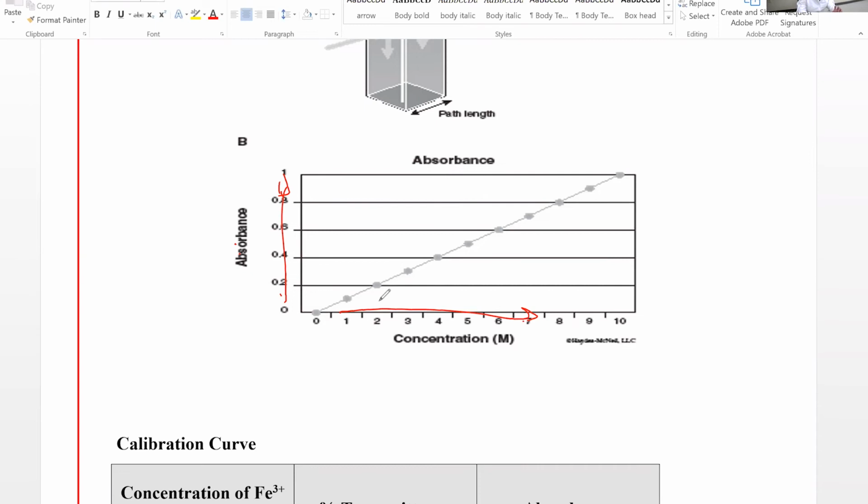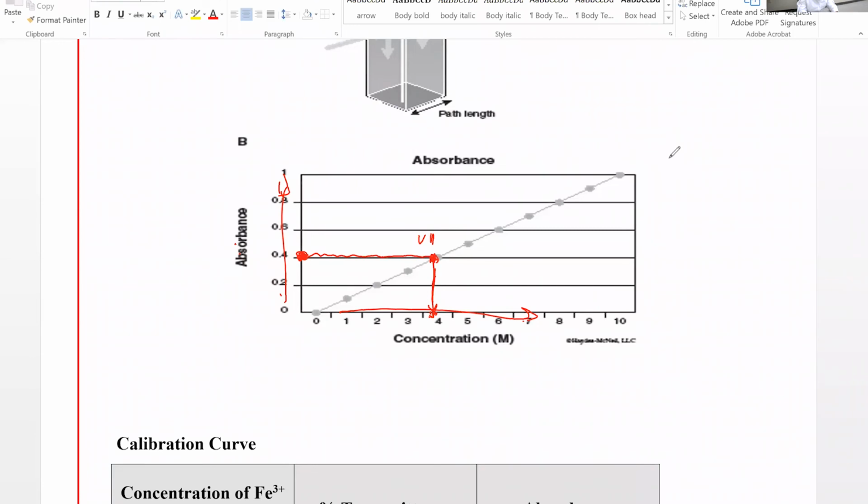Now if someone gives us an unknown sample of iron, and its absorbance is going to be this much, 0.4, then we draw a perpendicular line to cross the curve, and then we draw a perpendicular line to cross the concentration axis, and the corresponding number on the concentration axis is going to be the concentration of the unknown. So we find the concentration of the unknown experimentally.